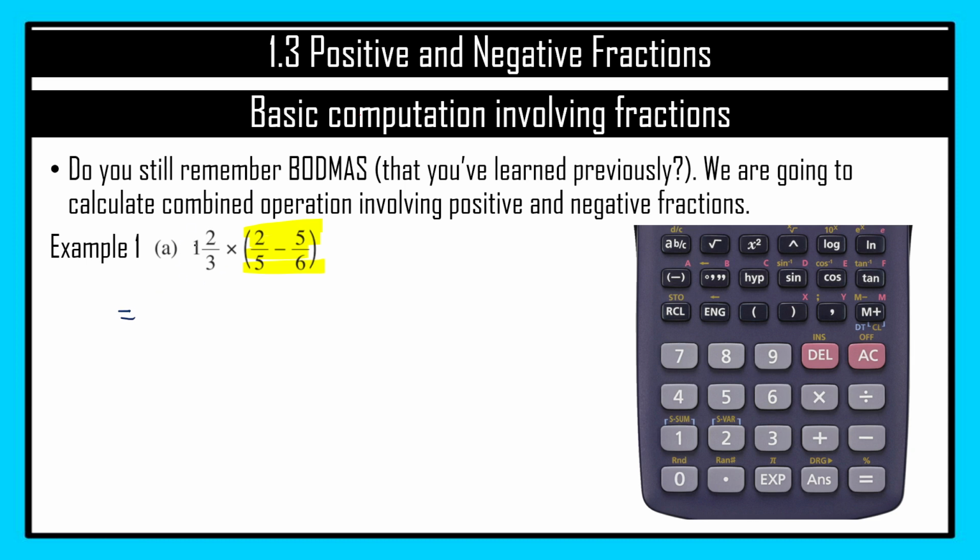I'm going to change this fraction to become improper fraction. So 1 multiply 3 plus 2, you get 5 over 3. These two don't have the same denominator, 2 over 5 and 5 over 6. So I'm going to multiply them with 6 because 5 multiply 6 I get 30 and 6 multiply 5 I get 30. Okay, I want to have the same denominator.